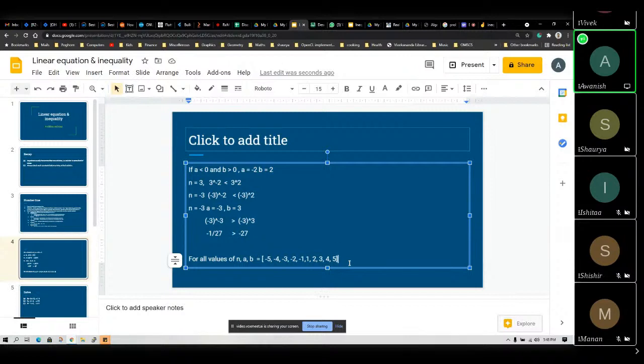Okay. So you need to check when a is less than b, is n raised to a less than n raised to b, or the inverse, that means n raised to a is more than n raised to b. Ishita, you got the problem? Yes, sir. Okay. So try to do it in a methodical way on a piece of paper.